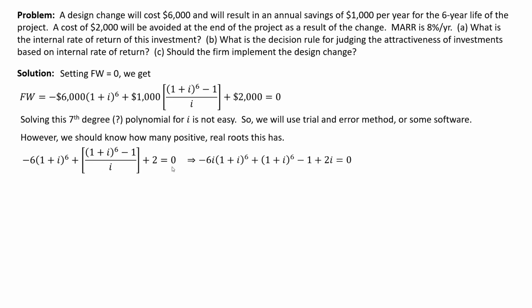So that becomes minus 6i times 1 plus i to the 6, and you will have 1 plus i to the 6 minus 1, and plus we are multiplying this by 2, so it becomes 2i, right? So same polynomial written in a different way, but we are multiplying the whole thing by i. We can do that, right? We can multiply both sides of an equation by the same number, right?